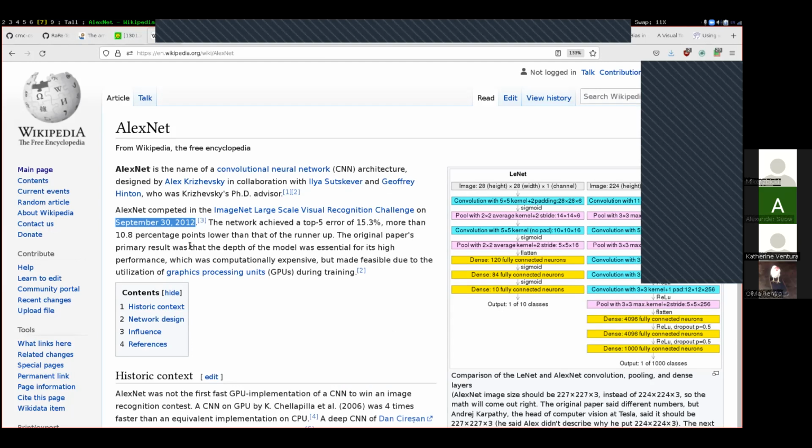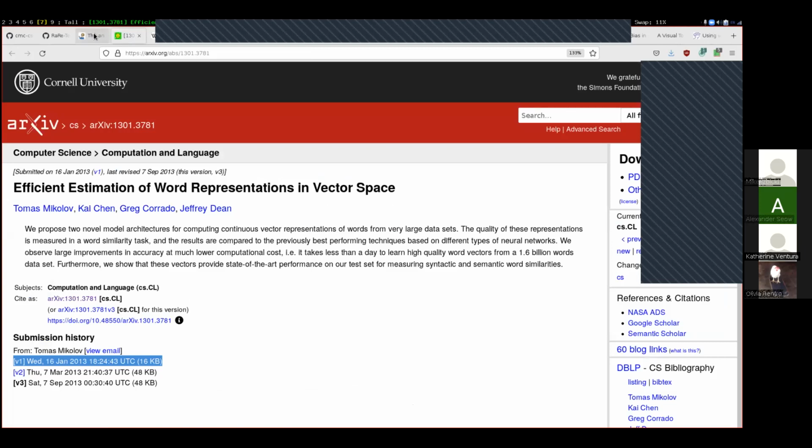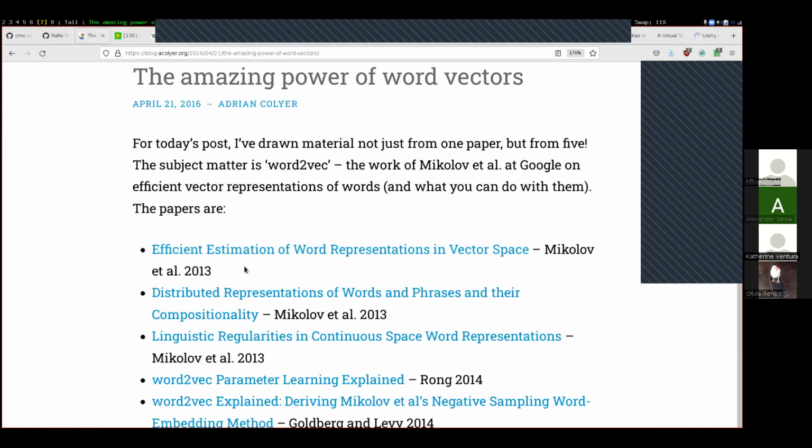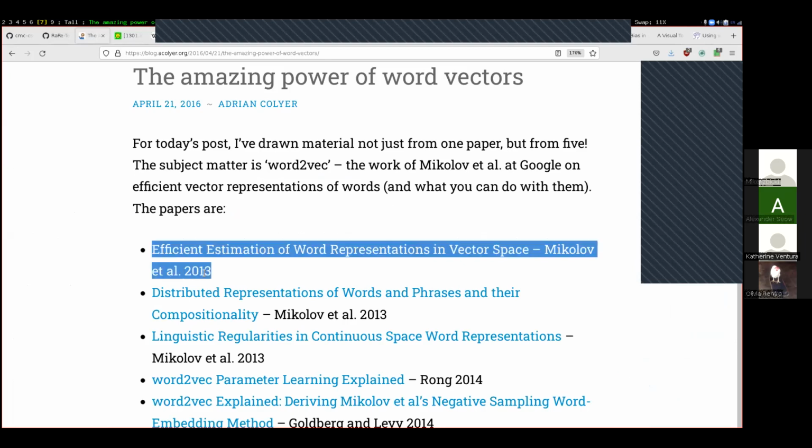Before this, nobody had heard of deep learning at all. But after this, deep learning became super popular. AlexNet on ImageNet made deep learning popular, but also this idea of word vectors made deep learning popular. So this was the time period it happened in.